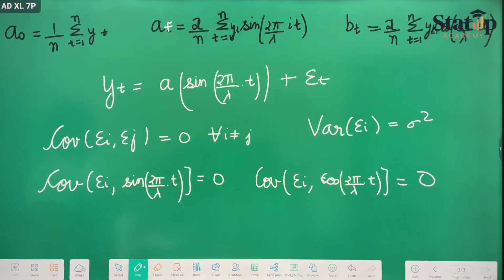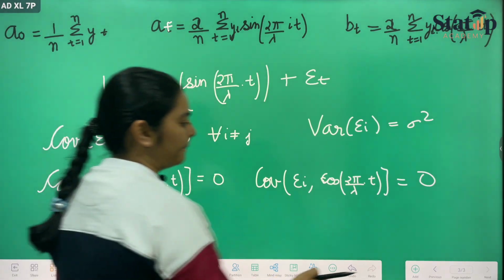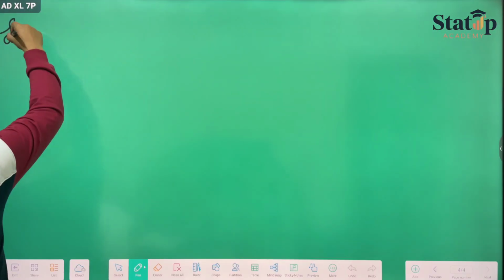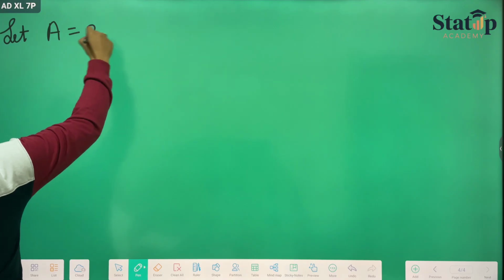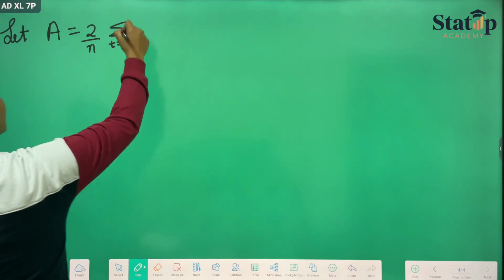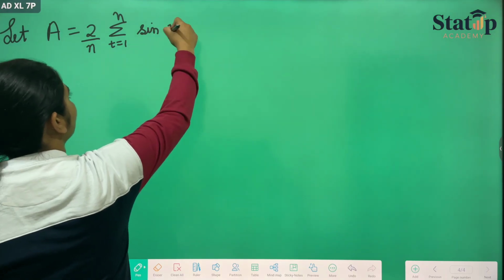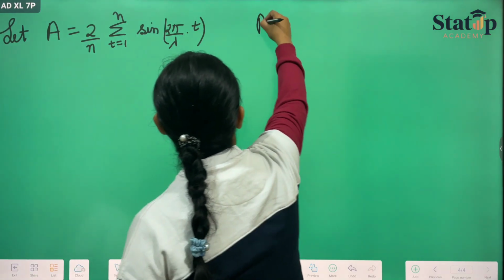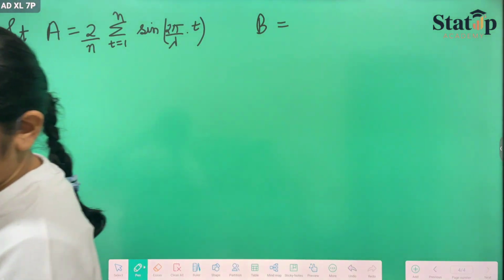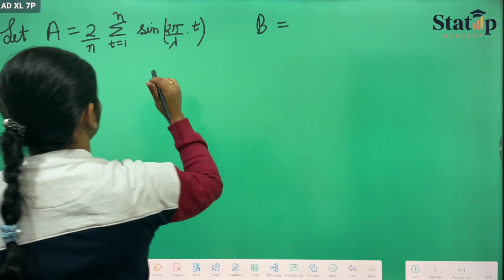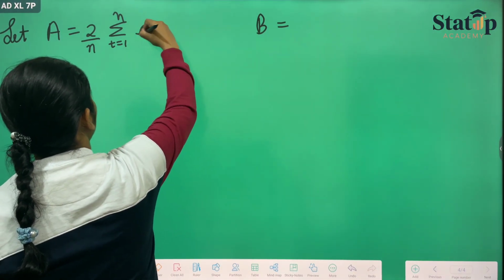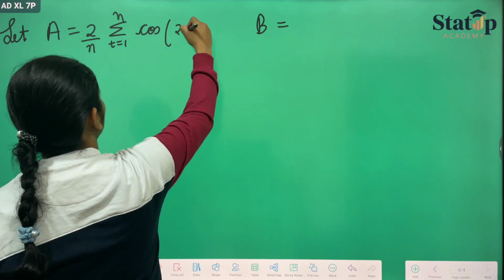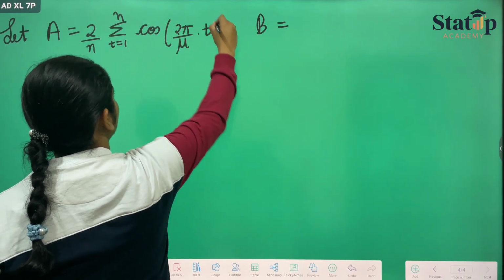So this is our time series model. Now we'll consider two functions, capital A and capital B. Let capital A equal 2 by n summation t goes from 1 to n sine 2 pi by lambda into t, and capital B equals, we'll take A as cos 2 pi by mu into t.